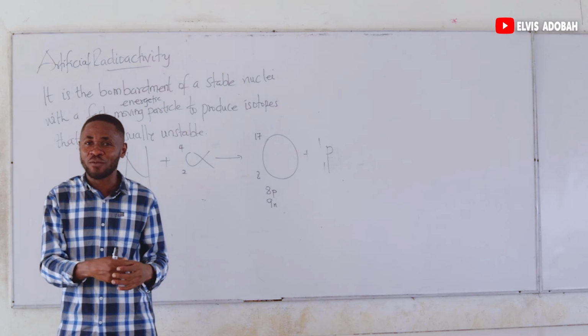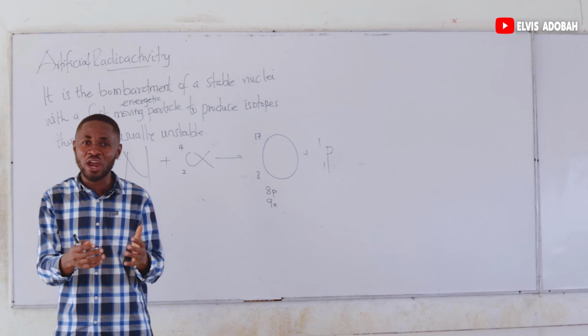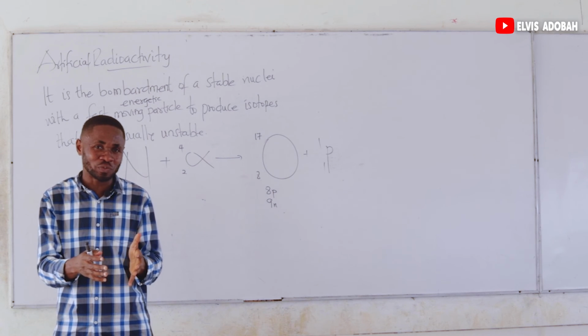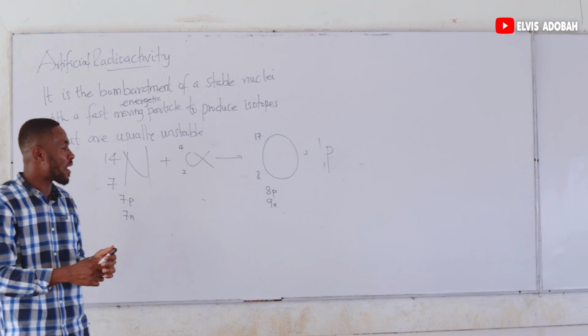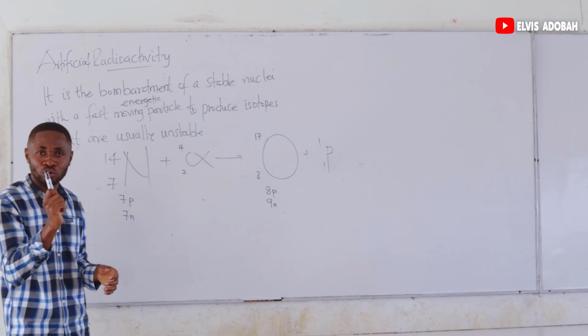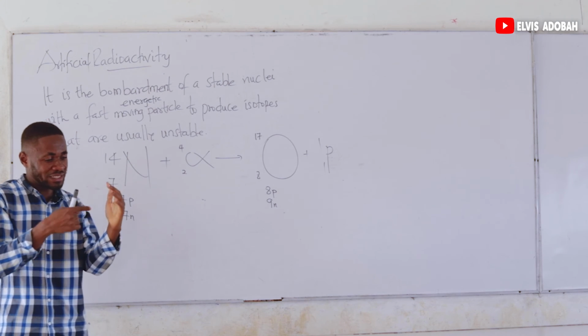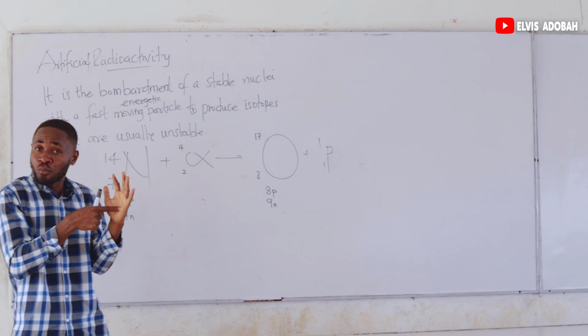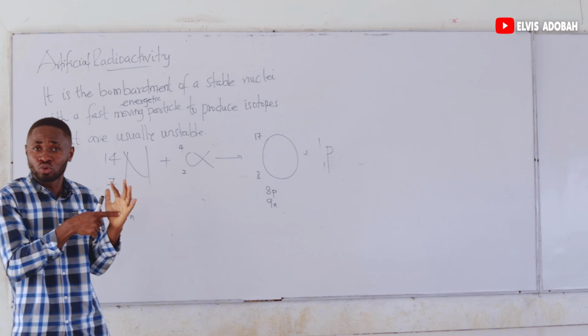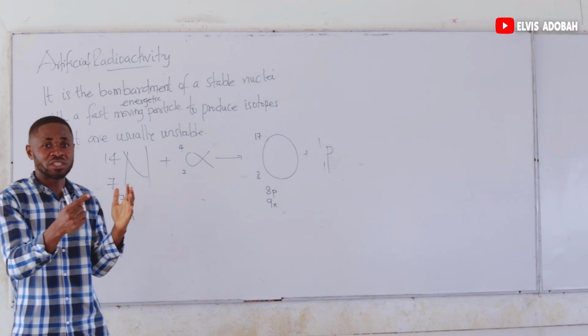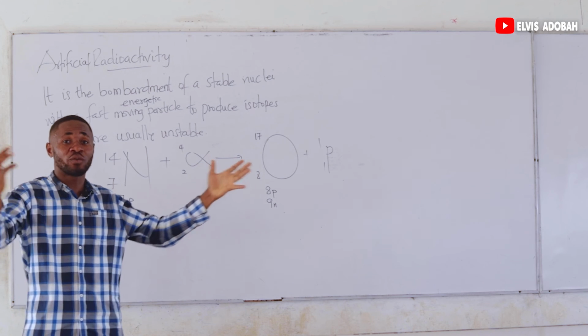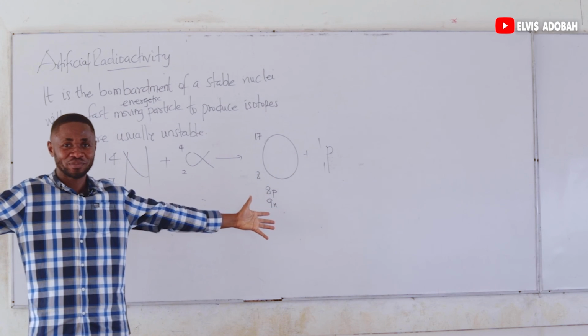For example, if we have uranium with atomic number 92, and we shoot a fast-moving proton through it, and it sticks, the number of protons will no longer be 92. It will increase to 93, which is a different element. So we've created a different element.